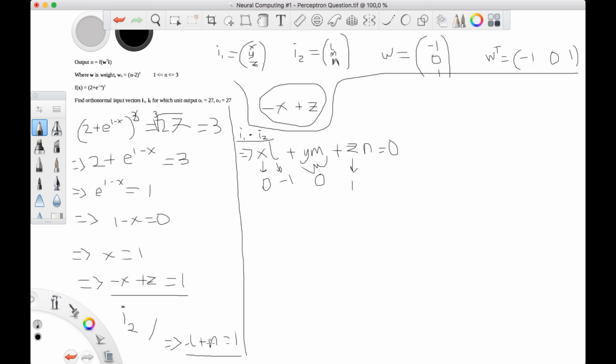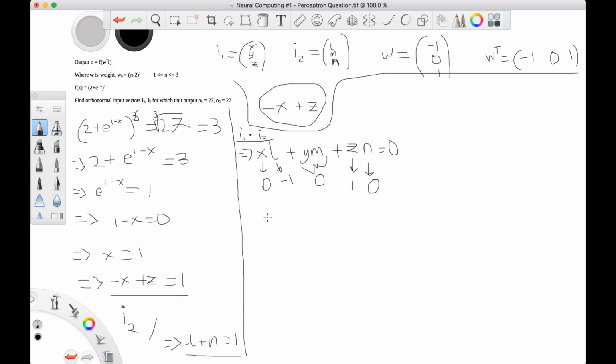If L is minus 1 and n is 0, minus 1 plus 0 is equal to 1. Well, this, of course, outputs 0, because 0 times minus 1 plus 0 plus 1 times 0 is just 0.